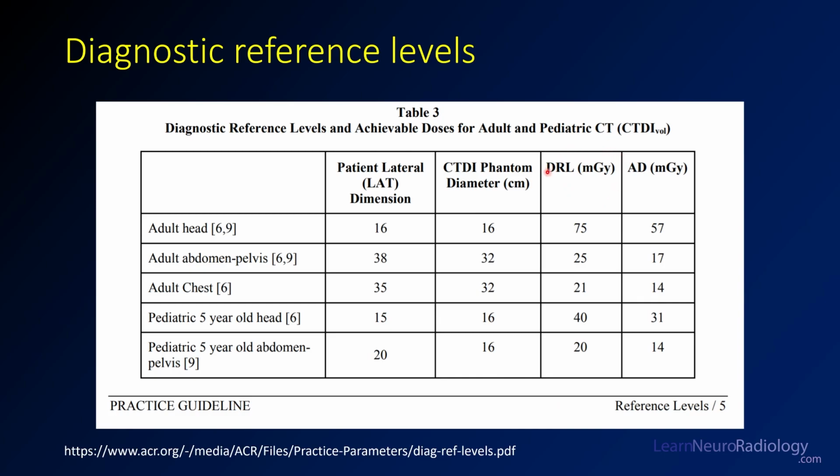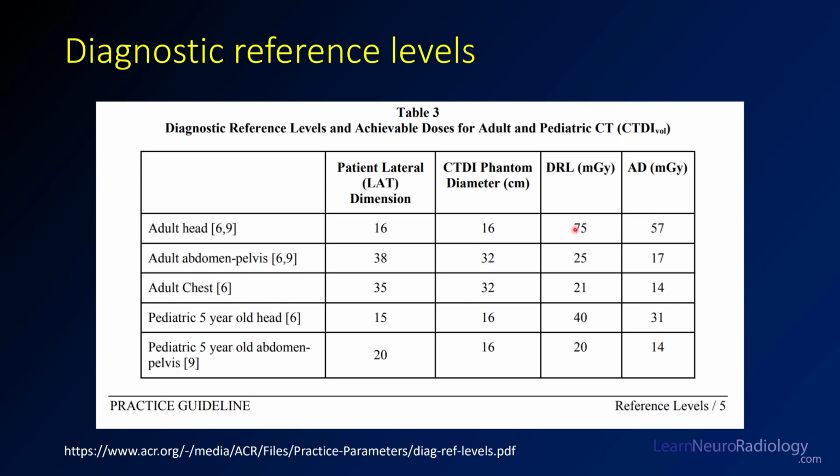That's typically the level below which the vast majority of your scans of that type should be. For an adult head, that reference level is 75. When you're looking at a head CT, most of the time the CTDI is going to be about 45, 50, 55, something like that, but it should generally be less than 75.